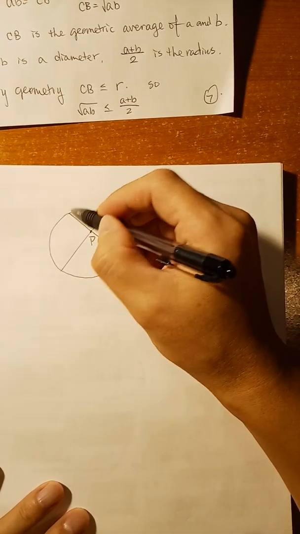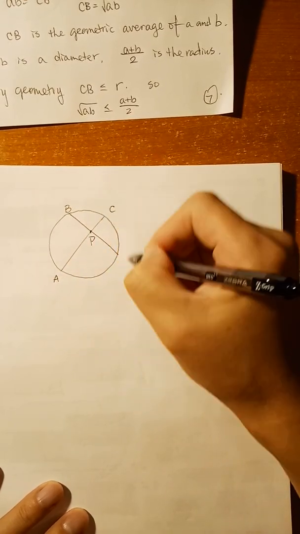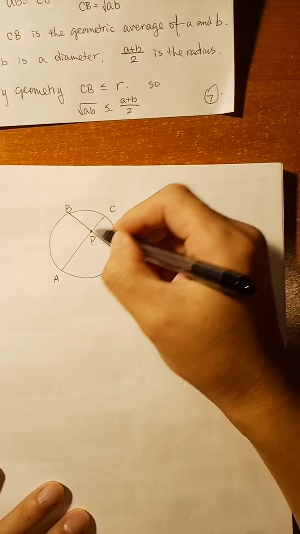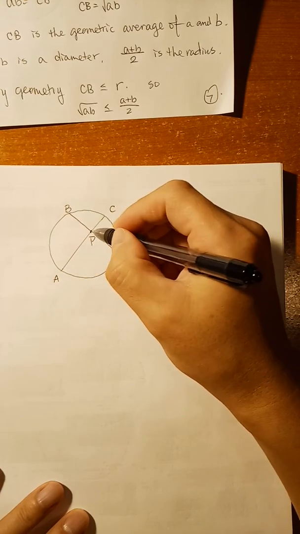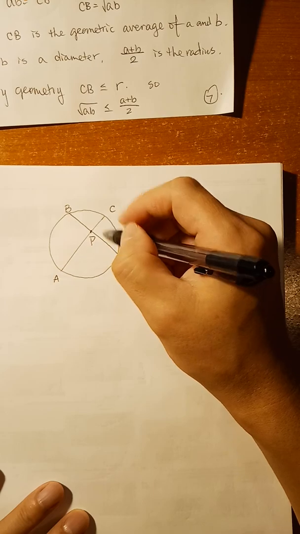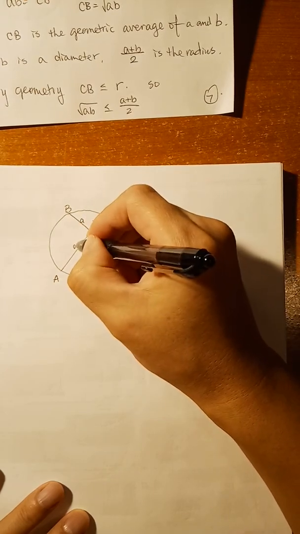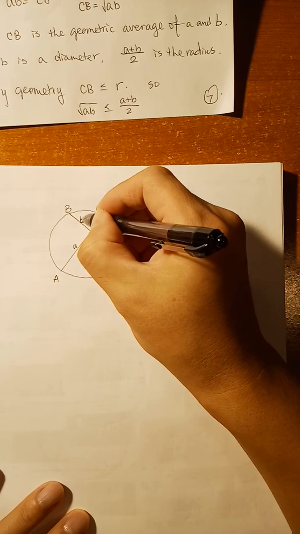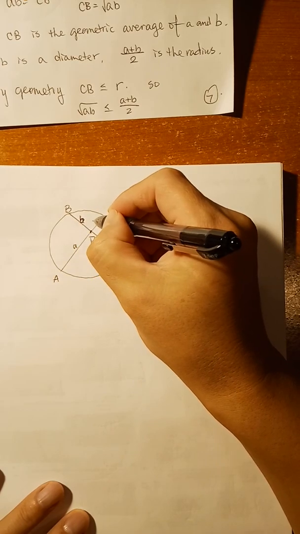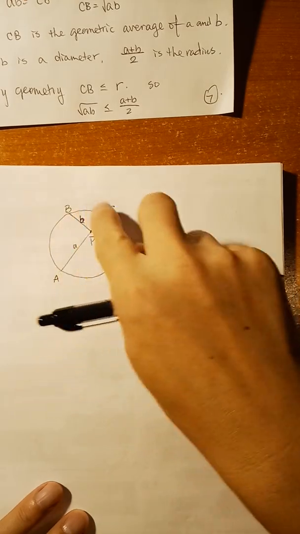Let's give some names: A, B, C, and D. Now you see here the chords, with this intersection point, have four sub-segments. Here's A, here's B, here's C, here's D. So four parts: A, B, C, D.